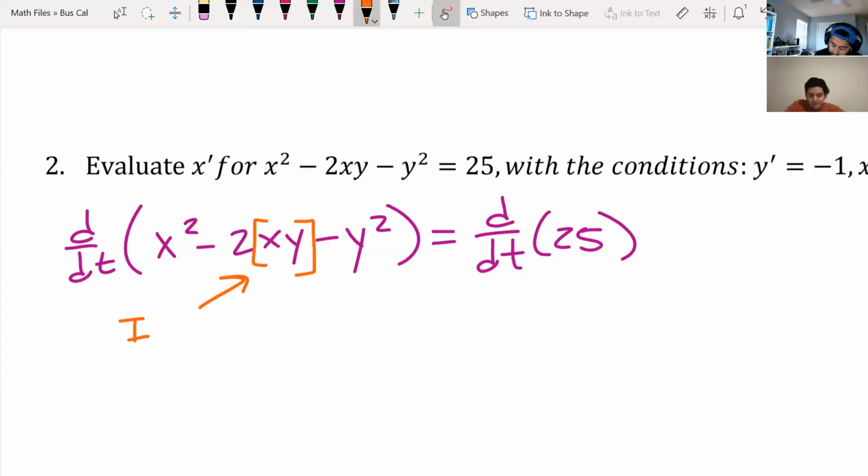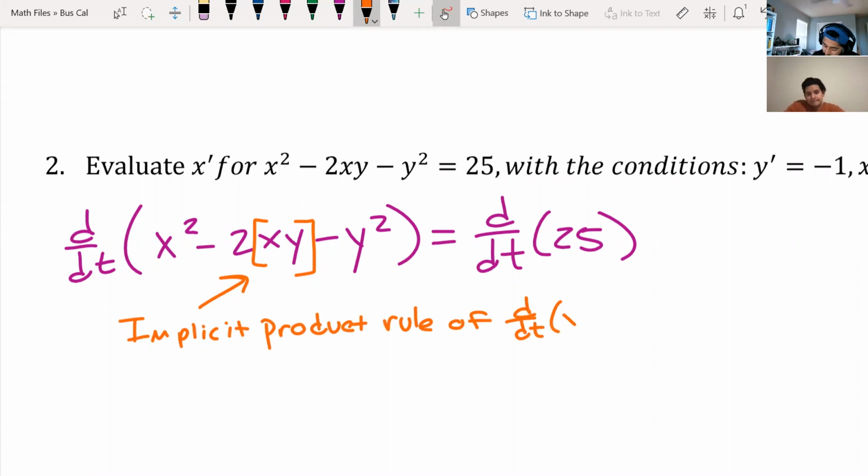So let's say d over dt of xy. Okay, so let's handle this part first, which means that f is going to be x and g is going to be y. Now remember, we are taking the implicit derivative of both of these with respect to time.